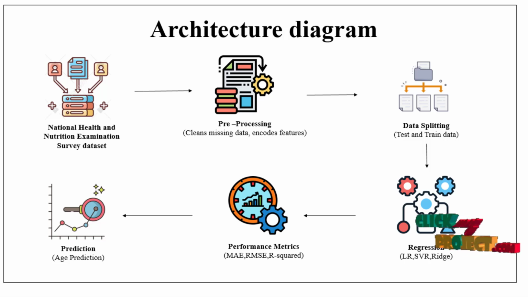I used three models: linear regression, support vector regression and ridge regression, and carry out the performance metrics. I calculate mean absolute error, root mean square error and R square. And finally, prediction.